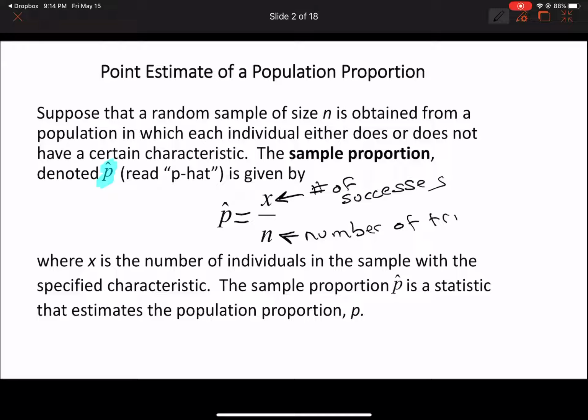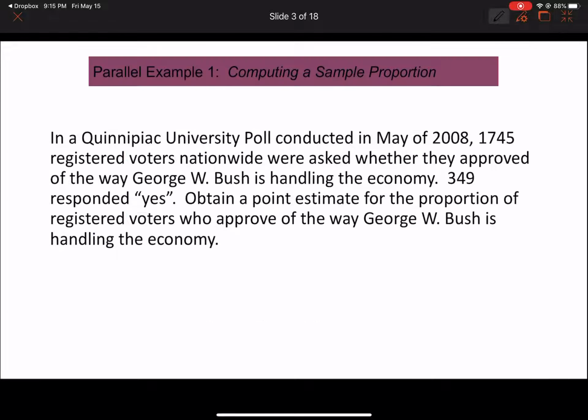And it's not necessarily number of successes, it's the number of individuals that have a certain characteristic. Whatever that characteristic is we're looking for, that is what our p hat is. We would call this a sample proportion. You'd call it a p hat. We call it a point estimate. So if they ask for point estimate, that's what you're looking for.